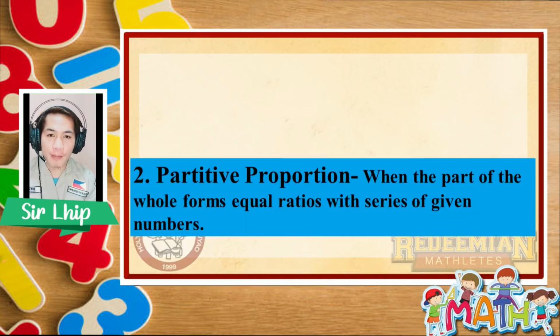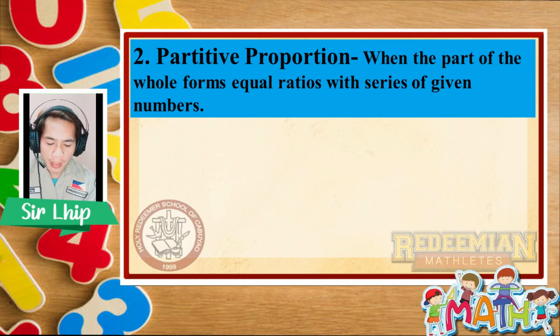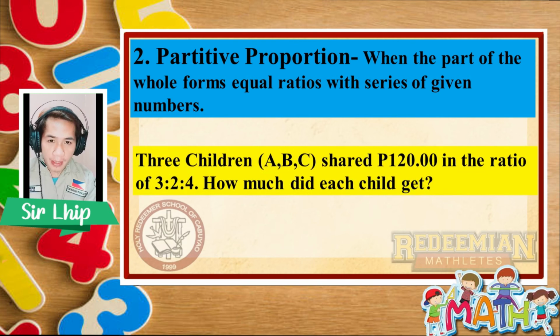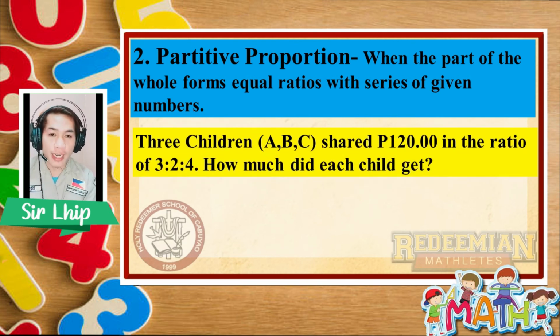Lastly, partitive proportion. When we say partitive proportion, the parts of the whole form equal ratios with a series of given numbers. 3 children, A, B, and C, shared 120 pesos in the ratio of 3 is to 4 is to 2, over 9, equals A is to B is to C over 120.